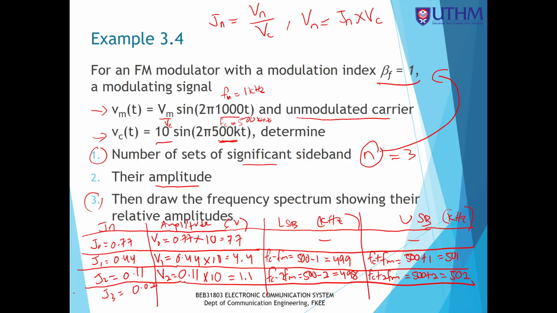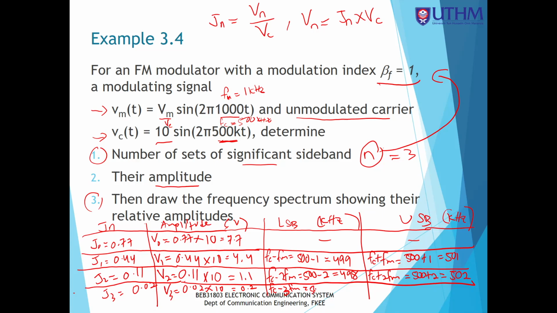And then the third sideband: V3 is equal to 0.02 multiplied with 10, so this is 0.2 volt. The frequency is Fc minus 3Fm, because this is the third sideband.